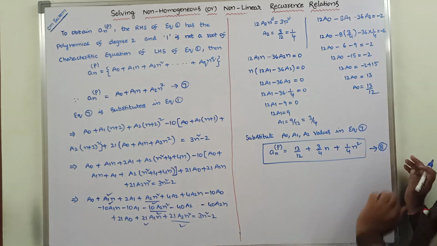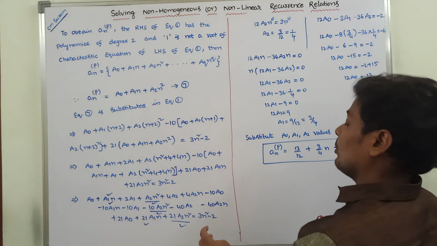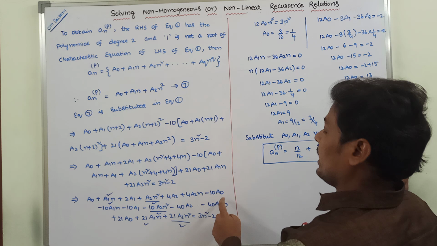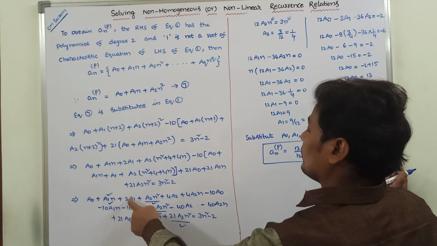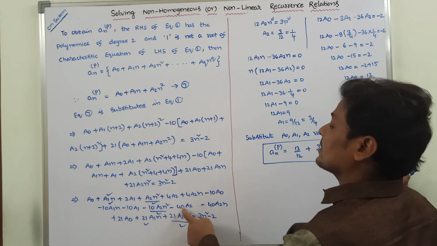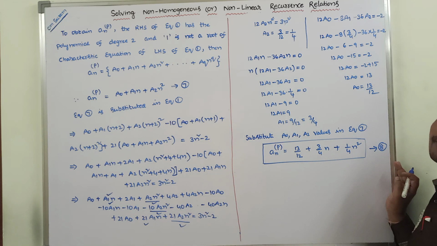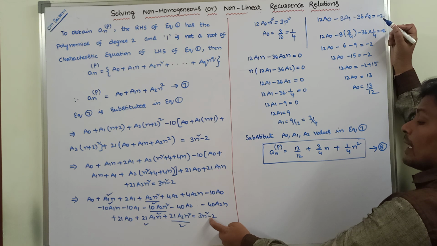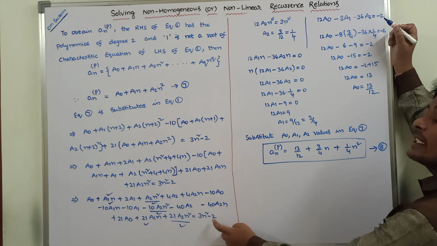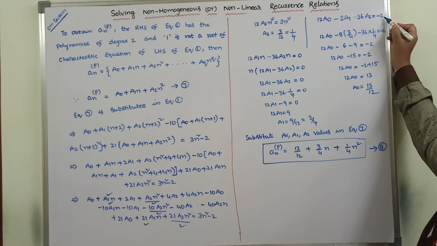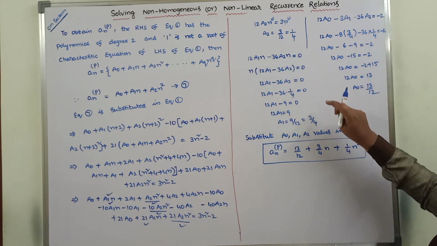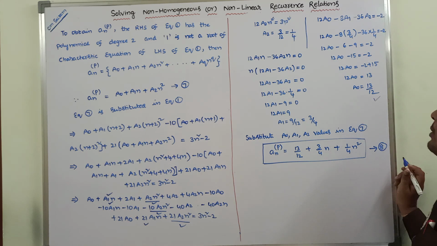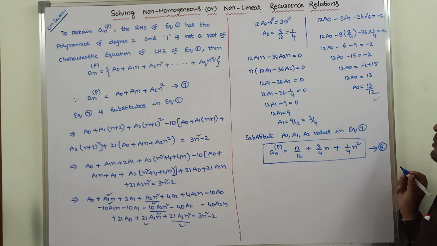Okay, minus 8 a1. Next, a2 term. So here 4 a2 is there, minus 40 a2. So minus 40 plus 4, that is minus 36 a2, is equal to, on the RHS the only constant term is minus 2. So minus 2 I am writing. So here a2 and a1 values are substituted in this place. Then we are getting a0 value as 13 by 12.